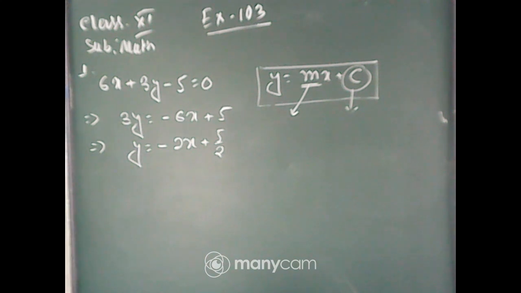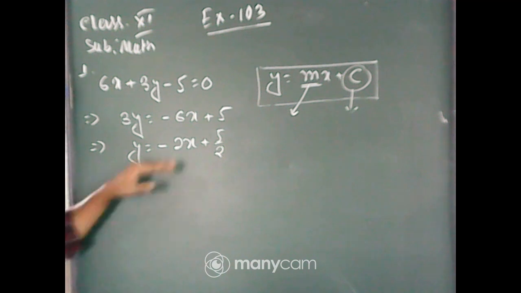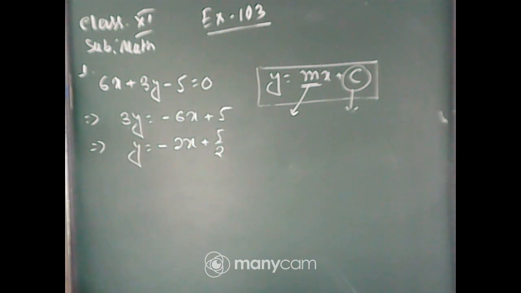Now from this equation, tell me the slope of the line. If I compare this equation with y equal to mx plus c, what will be the slope of the line? Very good.